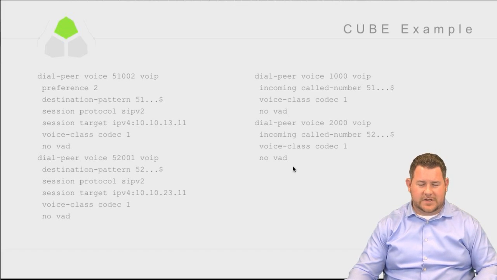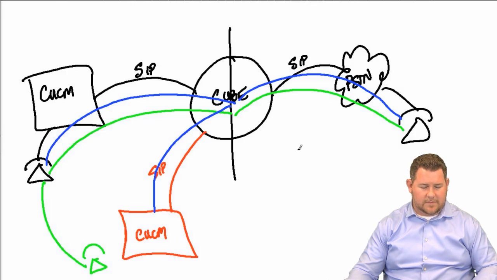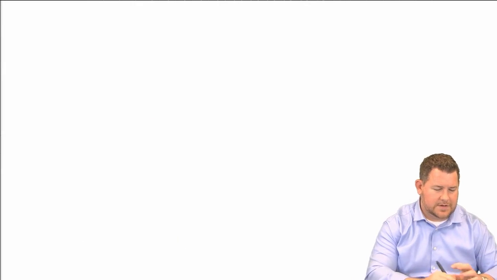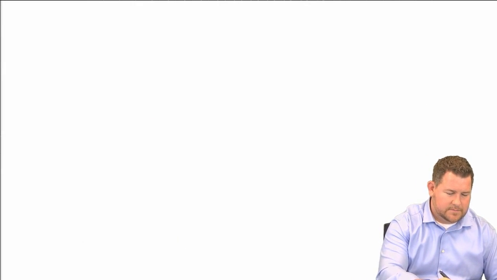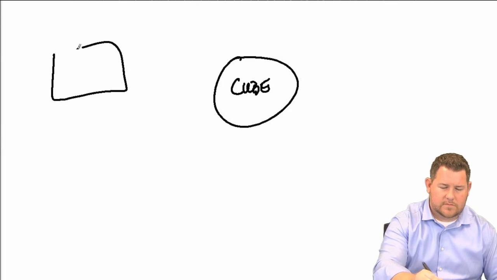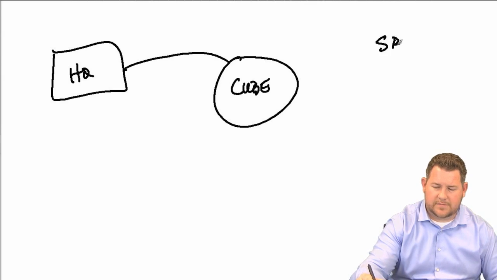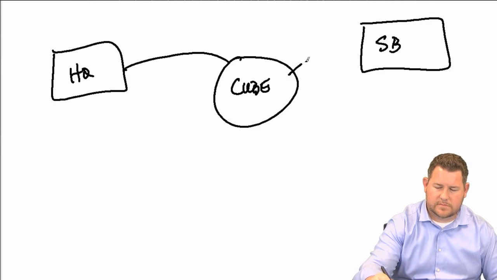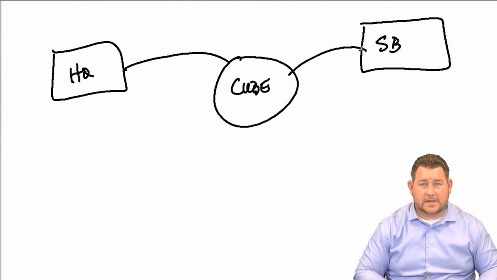So let's look at what this actually looks like. If we draw this out, that might help to see what this is creating here. So we've got the CUBE device in the middle here, and we've got our HQ cluster, we've got our Site B cluster, and that's basically it, right?